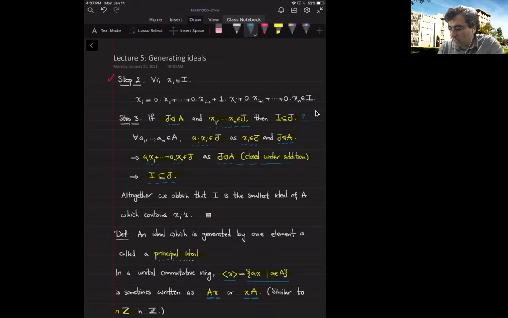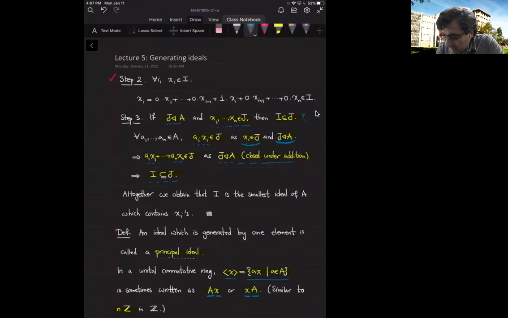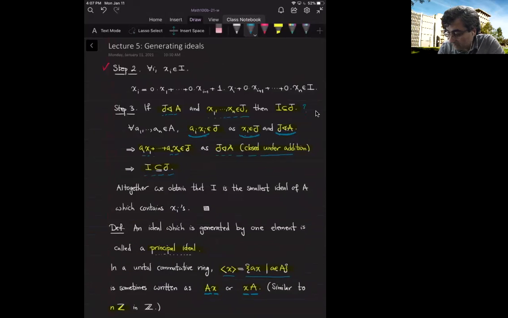But we do know that J is an ideal. We do know that the x sub i's belong to J. That means no matter what the a sub i's are, a sub i x sub i belongs to J. Now J is closed under addition because it's an ideal, and that means I can add these terms and deduce that their summation is also inside J. And that's exactly what we wanted to show.